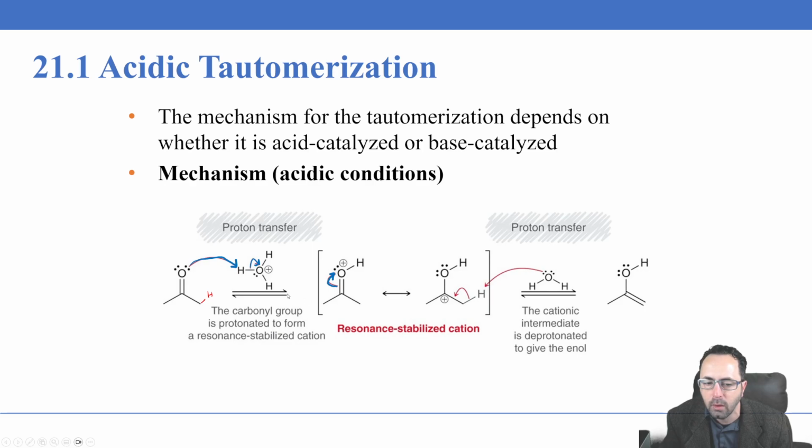At this point, we still have water being the solvent here. We can then have the water do a proton transfer, removing the proton from the alpha carbon, and then leaving these 2 electrons to create a pi bond between these 2 carbon atoms, ultimately giving us the enol.